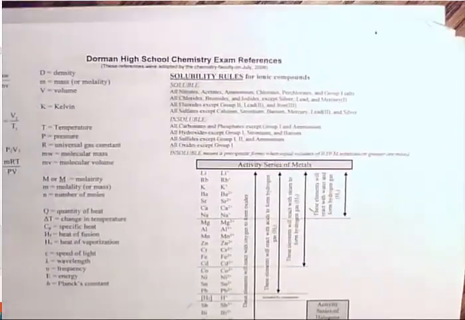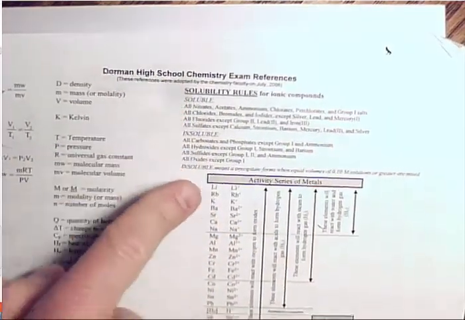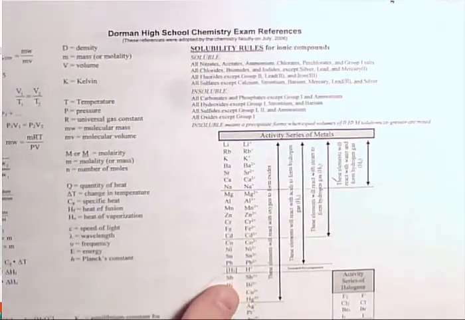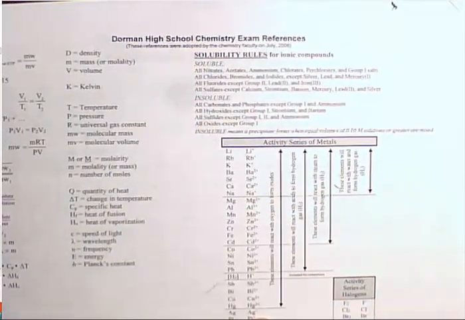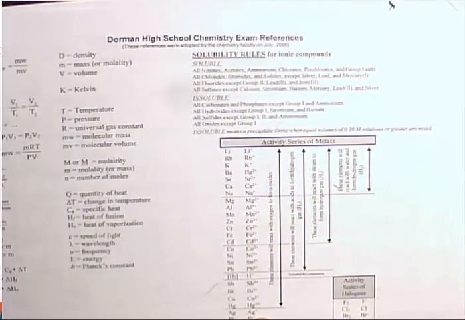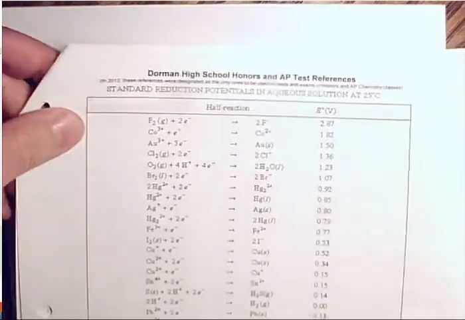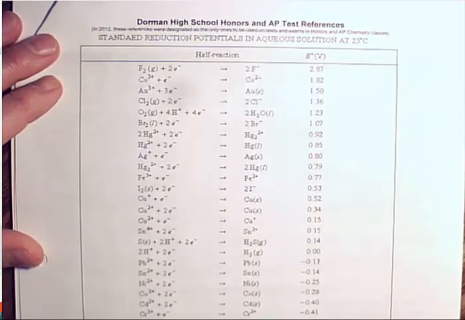So in my honors chemistry classes, you're not allowed to use the solubility rules or the activity series on tests. You have to memorize the solubility rules. But for the activity series, you can pretty much get everything you need by using a reference that you can use on the test, and that's the standard reduction potentials list.